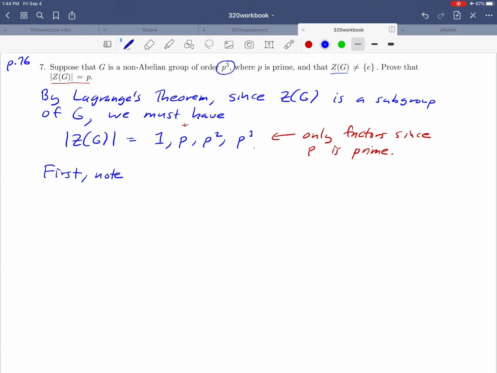Note that the order of the center can't be p cubed. Why not? If the order of the center were p cubed, it would match the order of the entire group, so the center would contain every single element in the group.